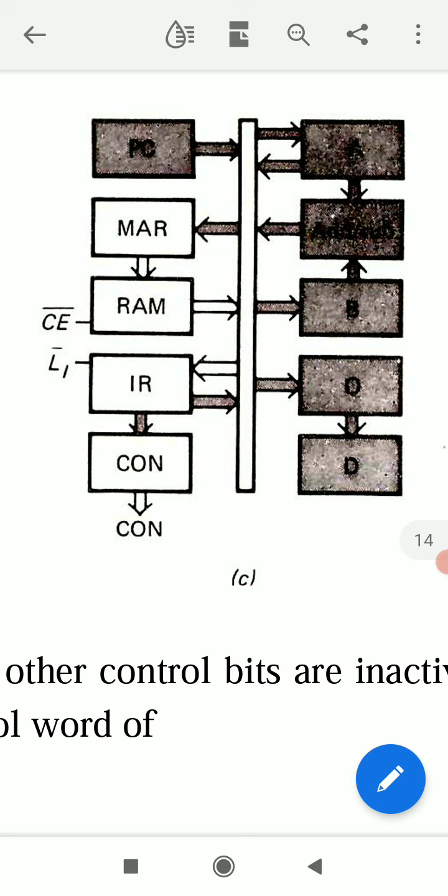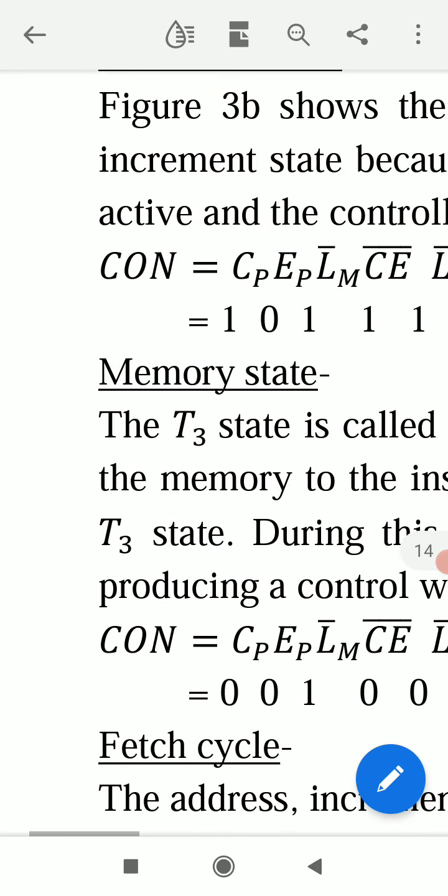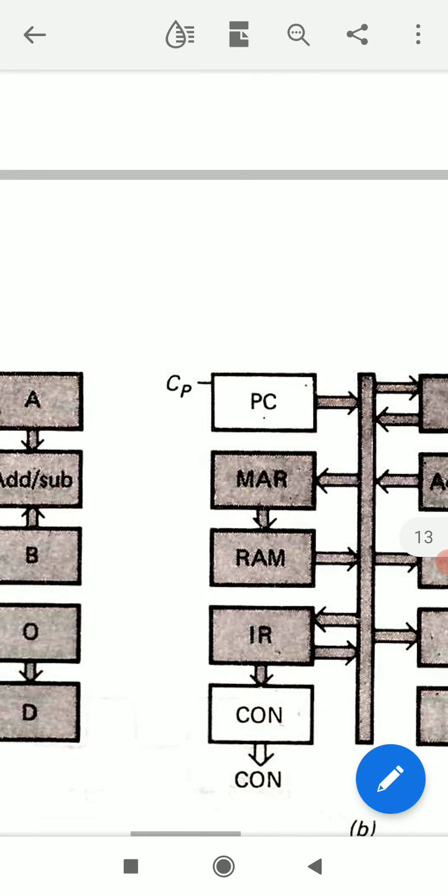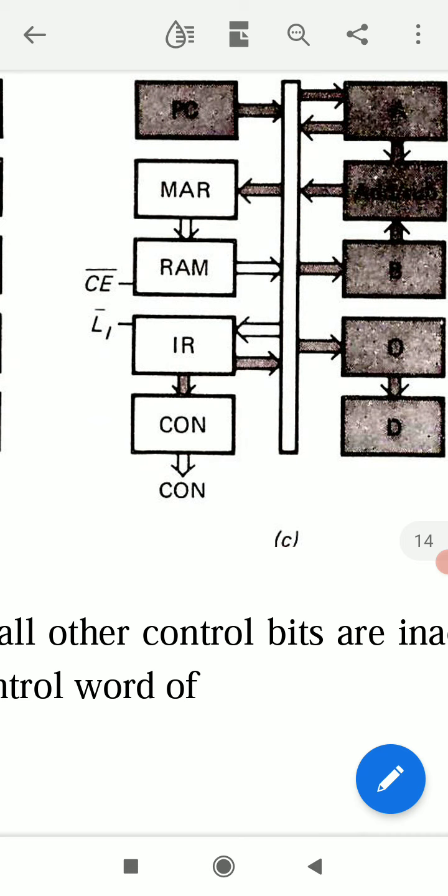These are the active parts of SAP1 during this T3 state, that is memory state. Memory state because from memory, that is RAM, random access memory, the instruction is to be transferred to IR, instruction register.